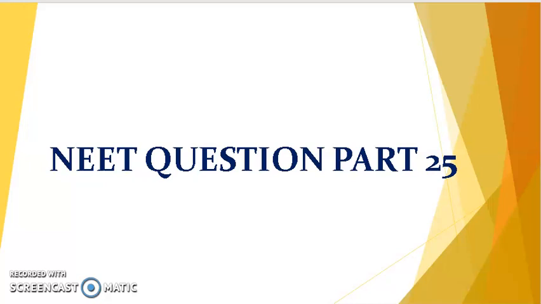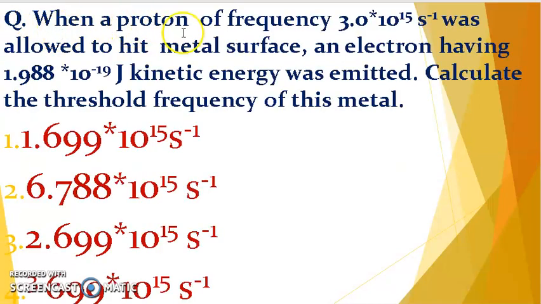So let's go to the first question now. The question is: when a photon of frequency 3.0 × 10^15 s^-1 was allowed to hit a metal surface, an electron having 1.988 × 10^-19 joule kinetic energy was emitted. Calculate the threshold frequency of this metal.